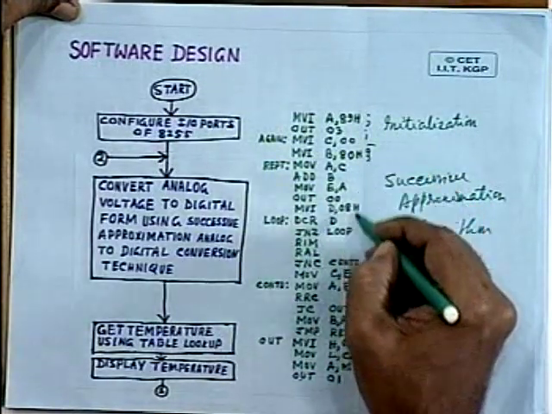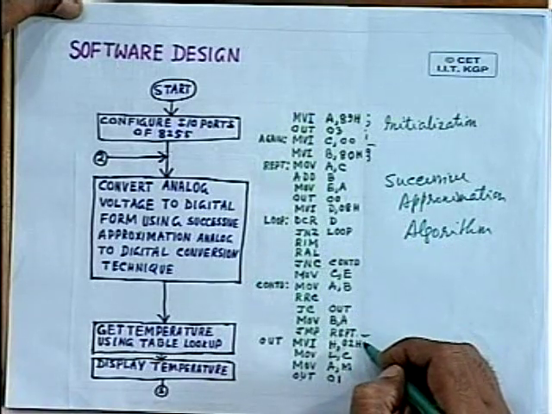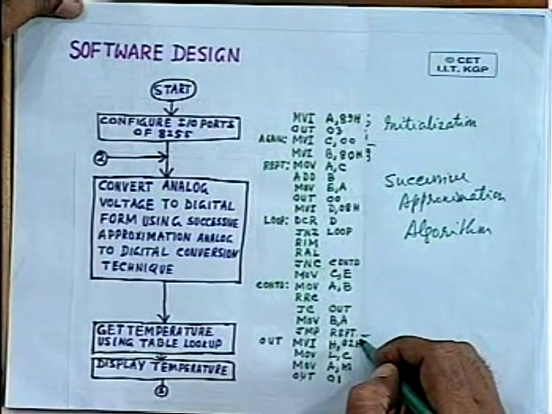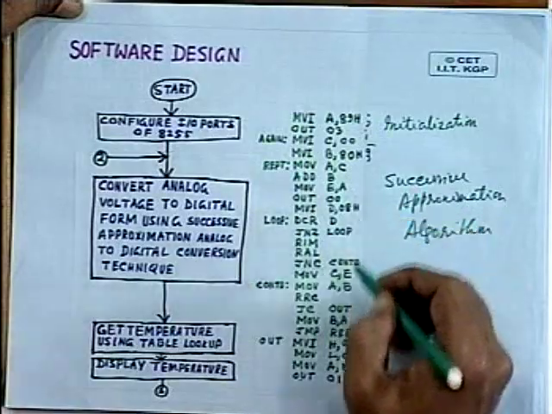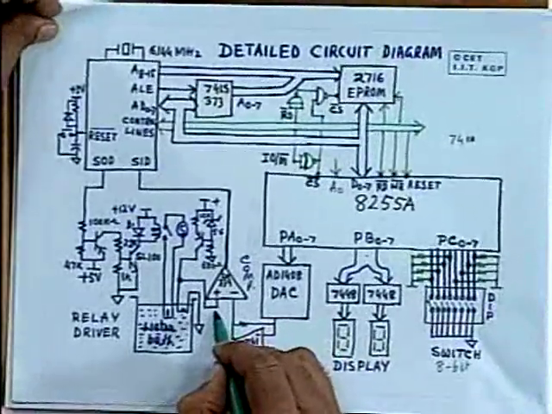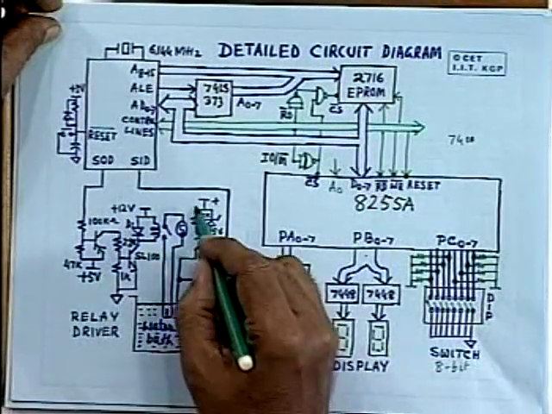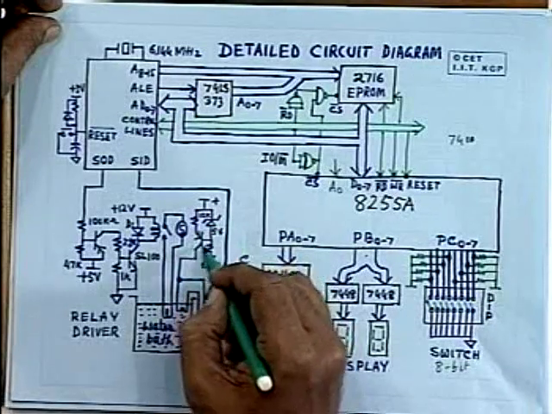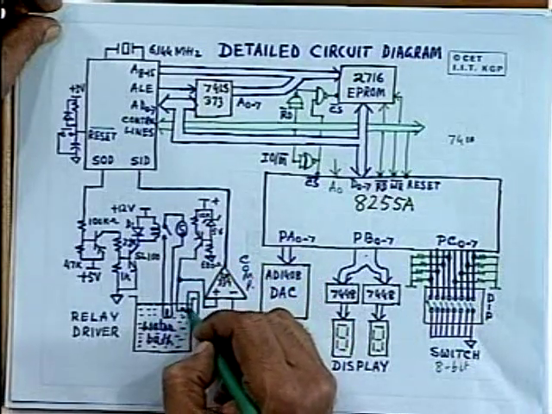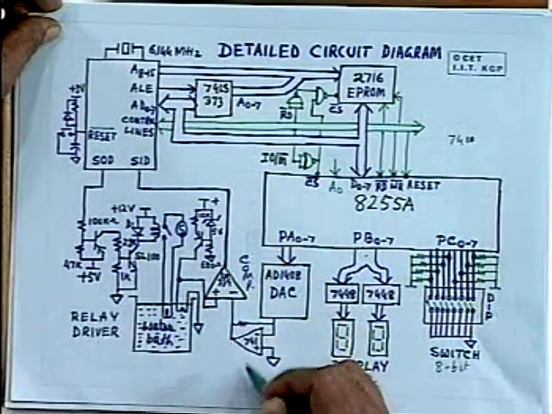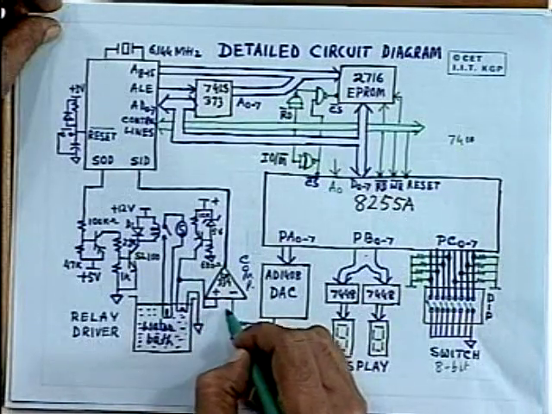And after the successive approximation algorithm is completed, we get a digital value corresponding to this analog voltage generated at the output of this sensor by passing constant current. This is the constant current generator which is allowed to pass through the thermistor, and the voltage generated here is the same as this one.